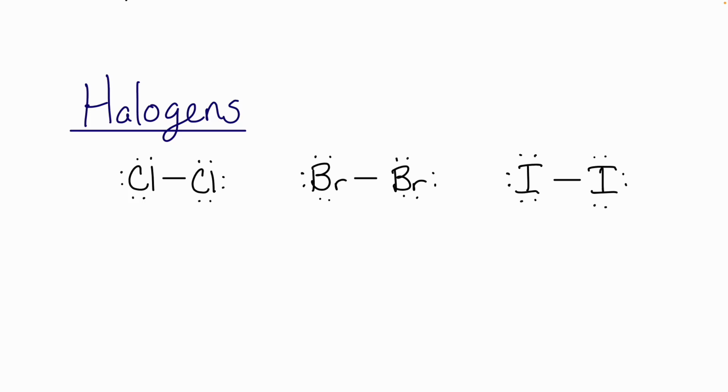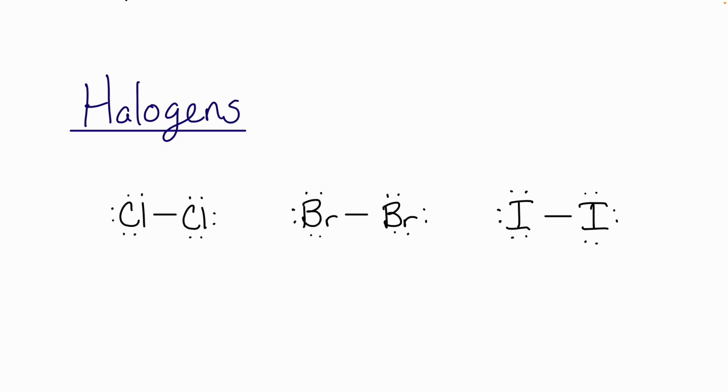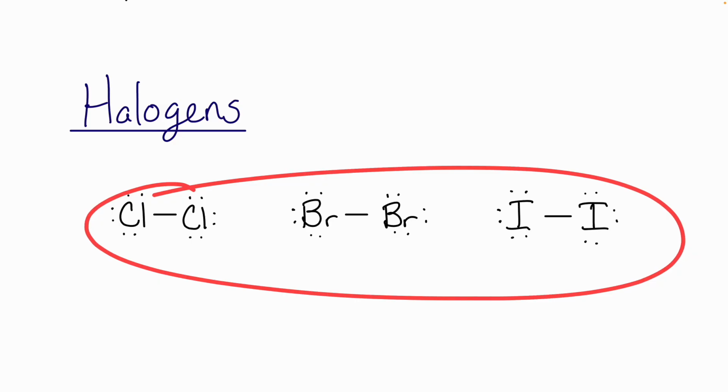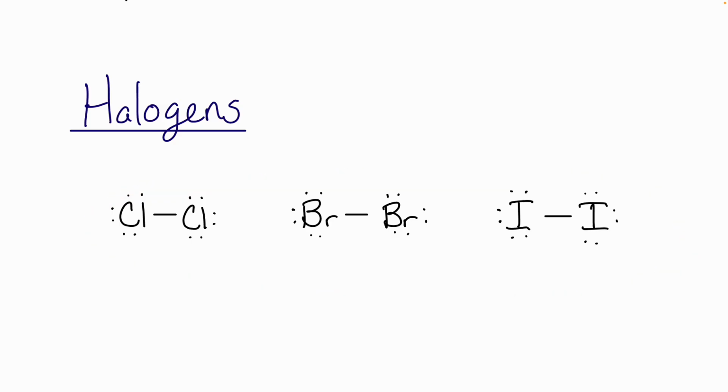All right, and this is a little surprising because if we just look at these here, we would say, well, there's a lot of lone pairs. These look like they're pretty electron rich. So what's going on? The halogens are indeed pretty electron rich, and they are very electronegative, but these are also all relatively large atoms, and our halogens have this special property that a lot of large atoms share, of being highly polarizable.